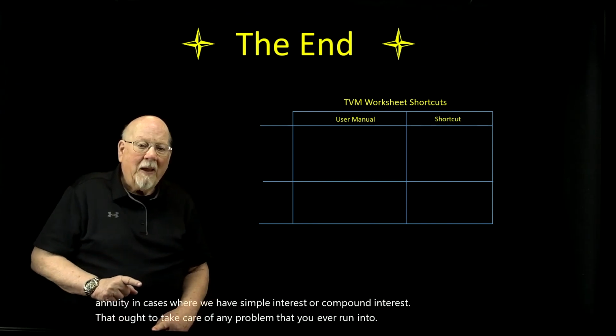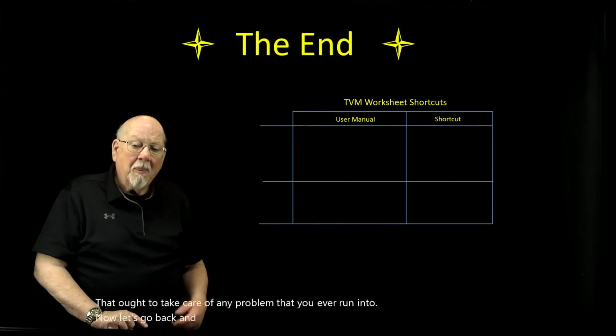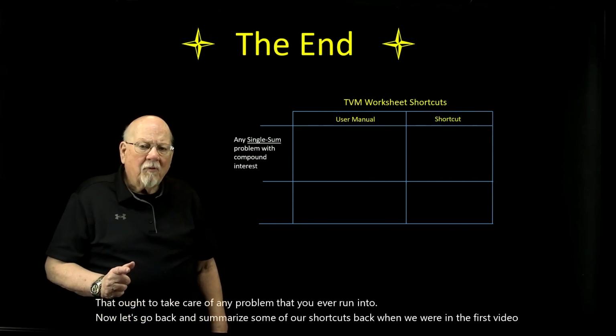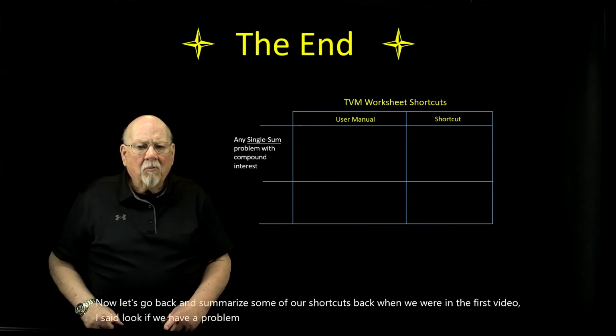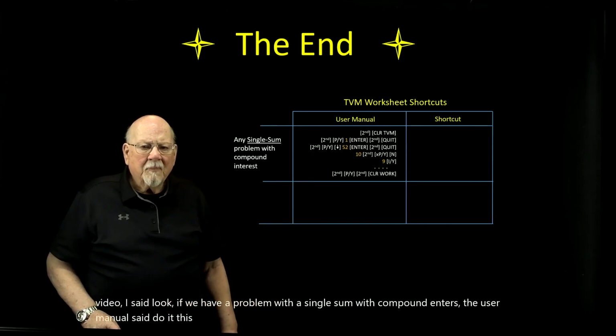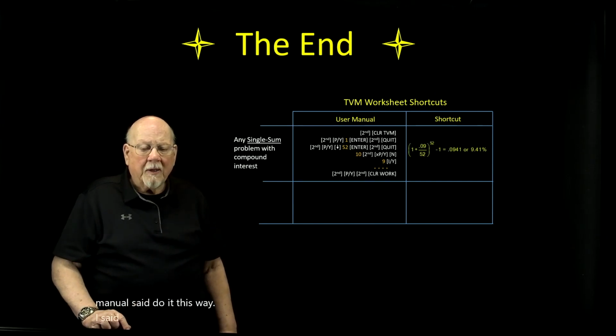Now let's go back and summarize some of our shortcuts. Back when we were in the first video, I said, look, if we have a problem with a single sum with compound interest, the user manual said, do it this way. I said, well, okay, it's probably easier if you do it that way.